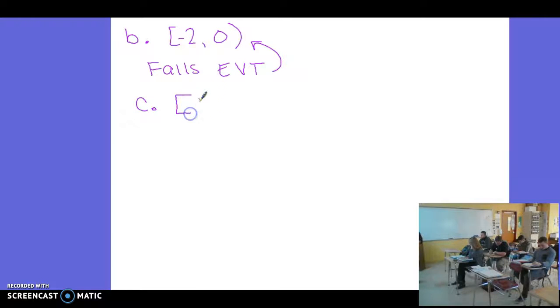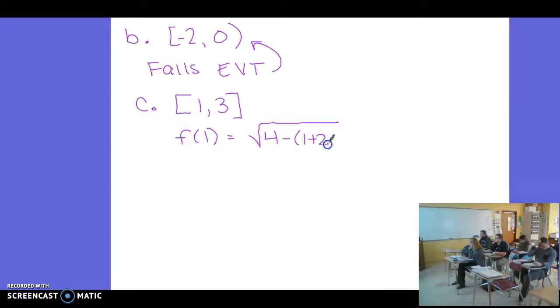Okay, and then part C, we have 1 and 3. So I already found my derivative, right? Yeah. And I already know where the critical points for my derivative are going to be, and they're not going to be from 1 to 3. So what I need to do now is really just check 1 and 3. So if you plug in f of 1, you get the square root of 4 minus 1 plus 2 squared.